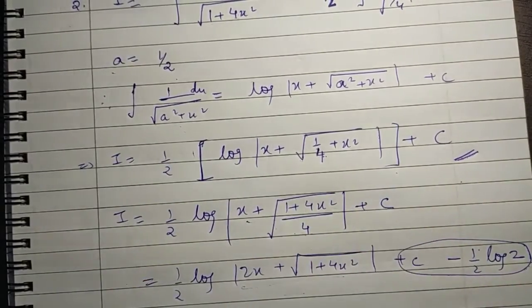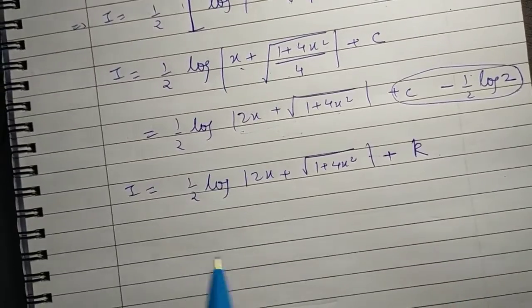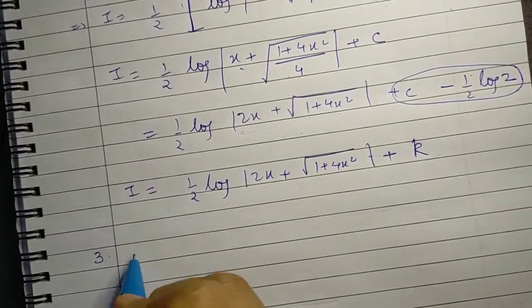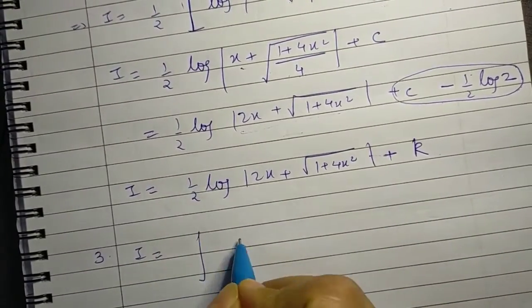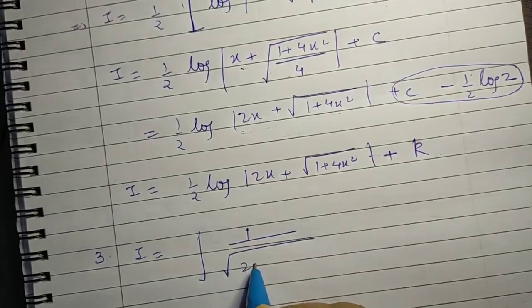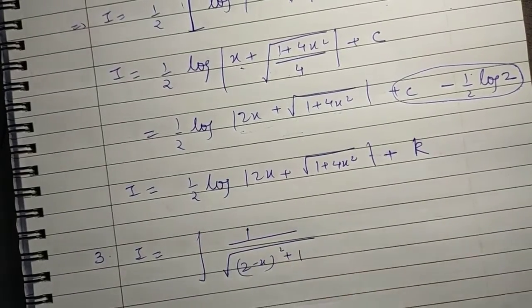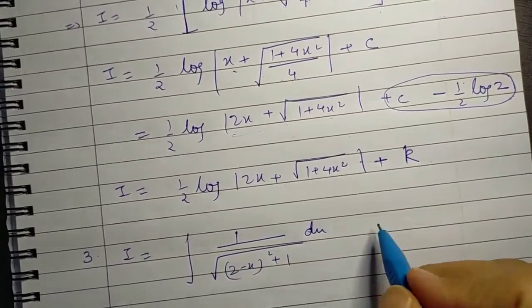This is also correct. Now we come to the third question. Third question says integral of 1 upon under root of 2 minus x whole squared plus 1. This you do directly by substitution.